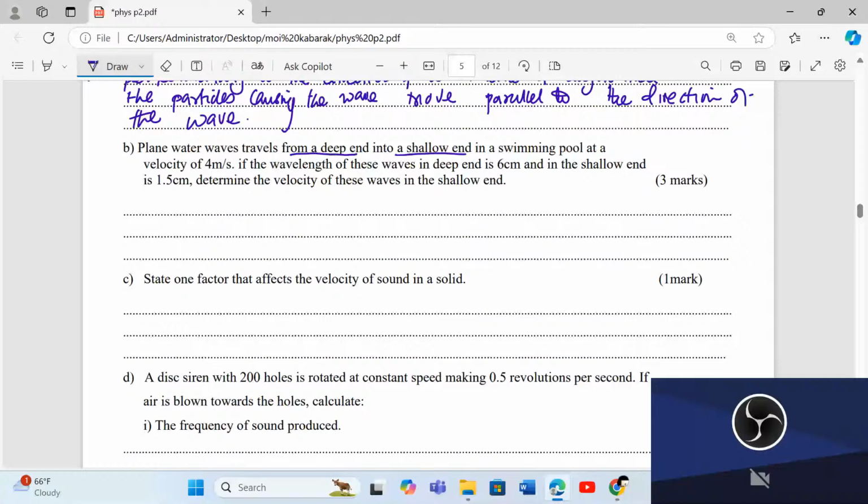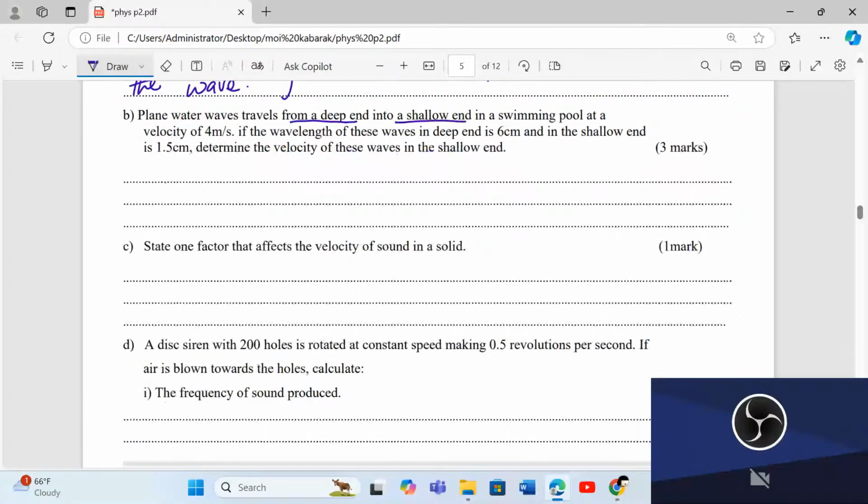Waves in a swimming pool travel at a velocity of 4 meters per second. If the wavelength of these waves in the deep end is 6 centimeters, determine the velocity of these waves in the shallow end. The first thing to note about waves from the deep end is that they have higher velocity in the deep end and a decreased velocity when they come to the shallow end.